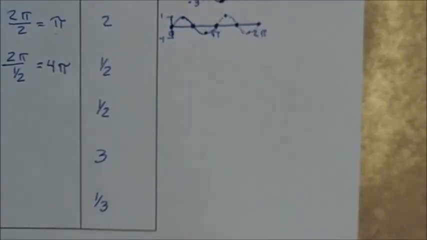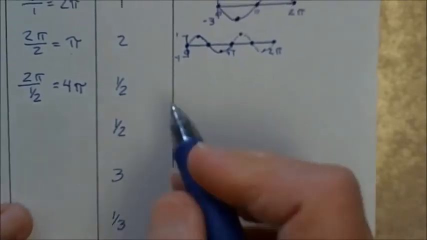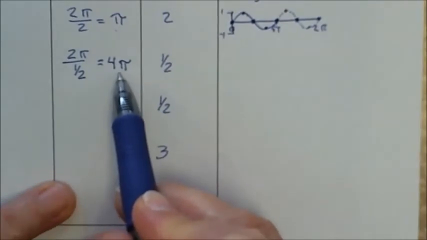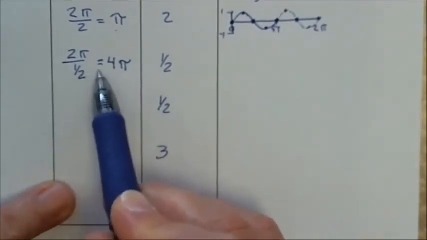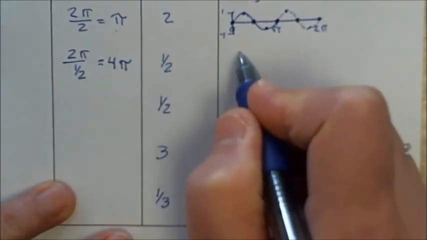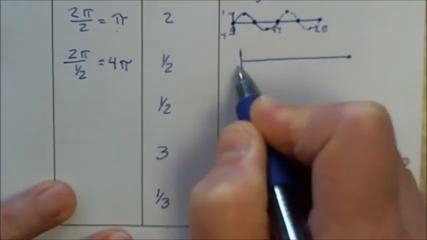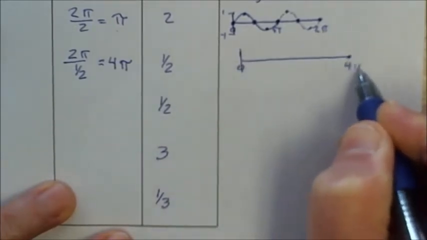Next, y equals negative sine 1/2 x. So for one complete curve, we need an interval length of 4 pi. So let me go out from 0 to 4 pi.